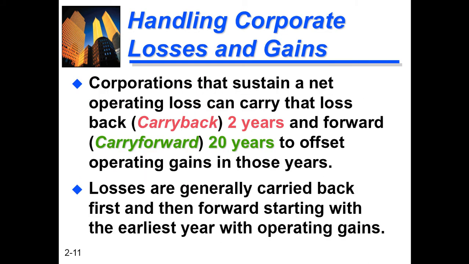Now the second concept of the tax is handling corporate losses and corporate gains. What are corporate losses and corporate gains? Corporations that sustain a net operating loss can carry that loss back for 2 years and carry it forward for 20 years to offset operating gains in those years.